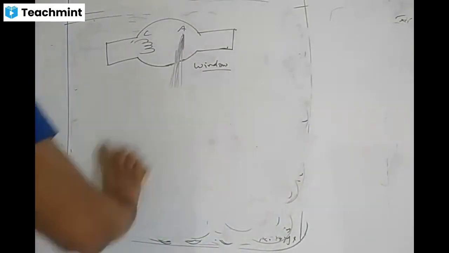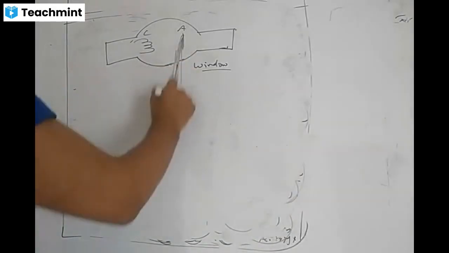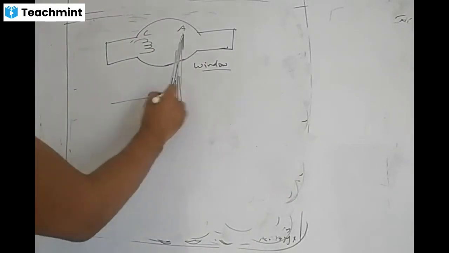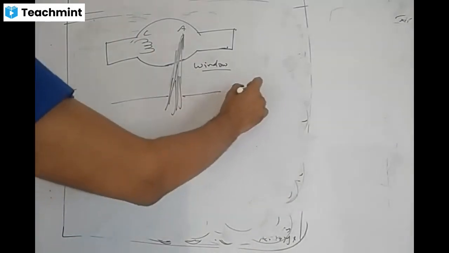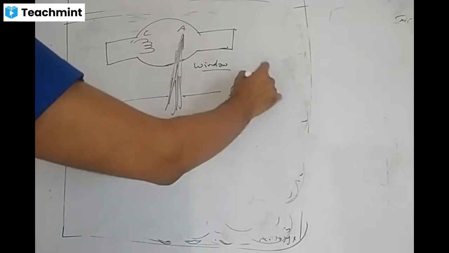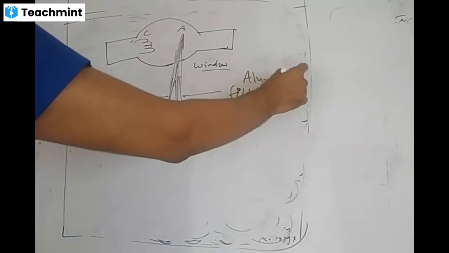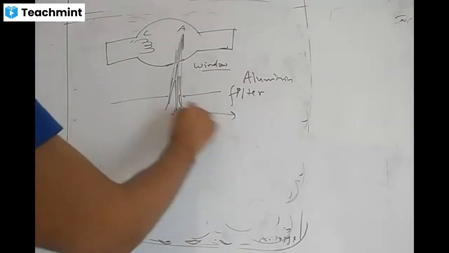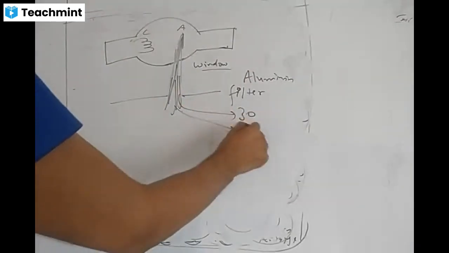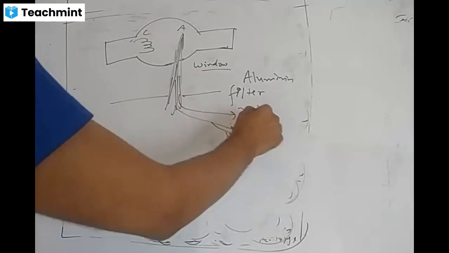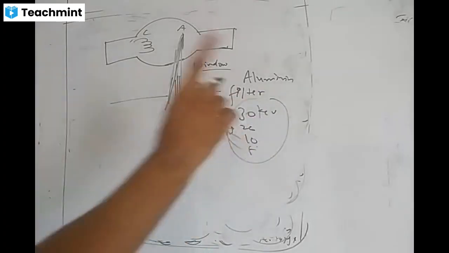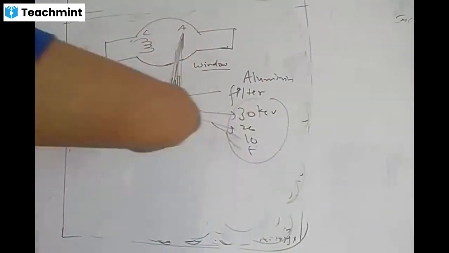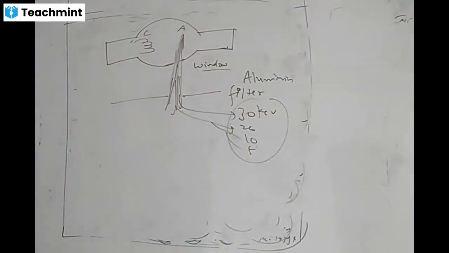So once this beam comes out of the X-ray tube, we apply an aluminum filter here. These filters will remove the 30, 20, 10 and 5 kilo electron volt energy X-rays. The X-rays having very low energy are removed at this level.